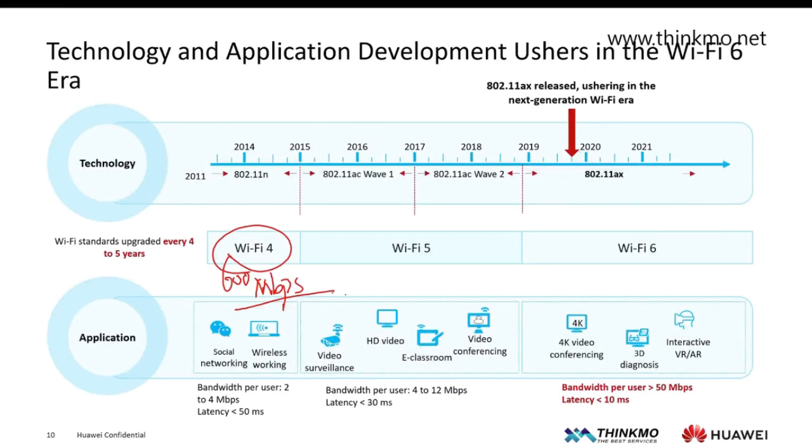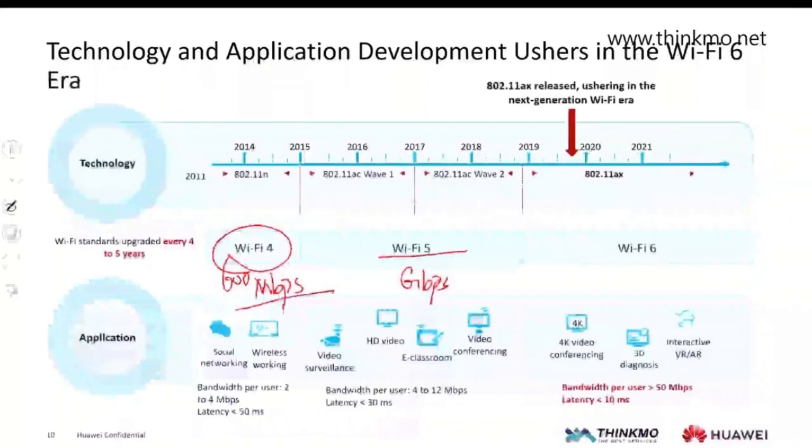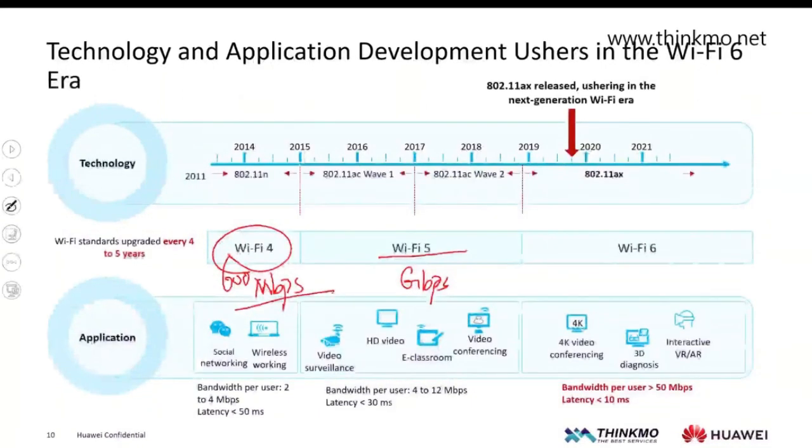With the development of Wi-Fi 5, the data transmission rate has been further improved. It has reached 1 Gbps. This allows us to use high-quality video surveillance and high-definition video, activities like online courses or video conferences. While Wi-Fi 5 can handle data transmission, its upload speed is still limited to a single user. We'll explain this in detail later.